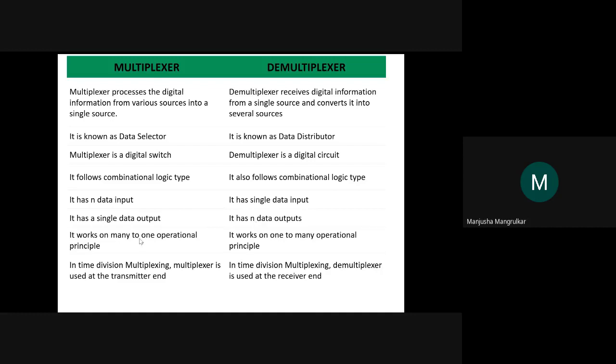Multiplexer works on the many to one operational principle. Demultiplexer works on the one to many operational principle, right?